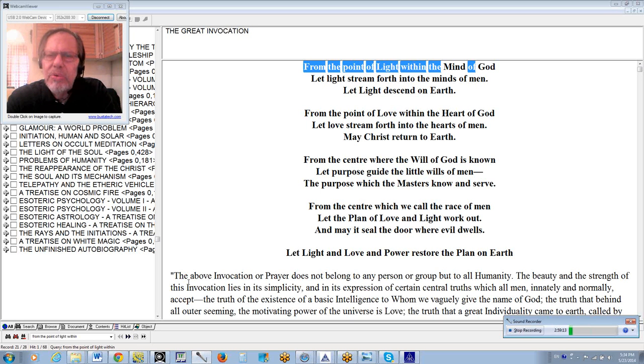From the center where the will of God is known, let purpose guide the little wills of men, the purpose which the masters know and serve. From the center which we call the race of men, let the plan of love and light work out, and may it seal the door where evil dwells. Let light and love and power restore the plan on earth.